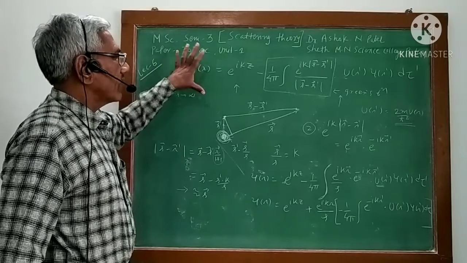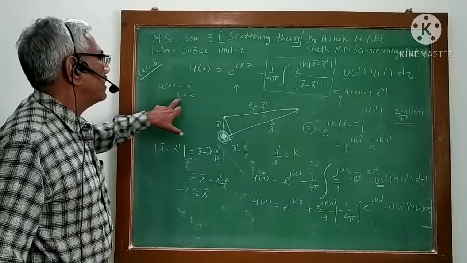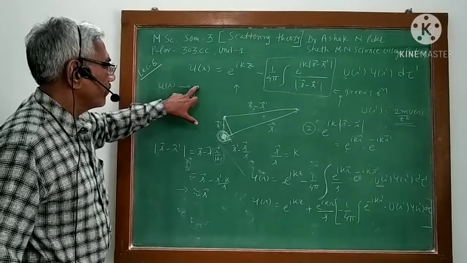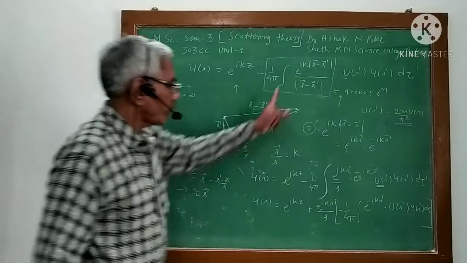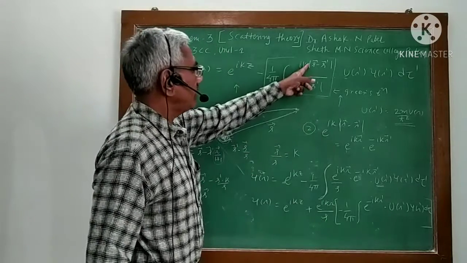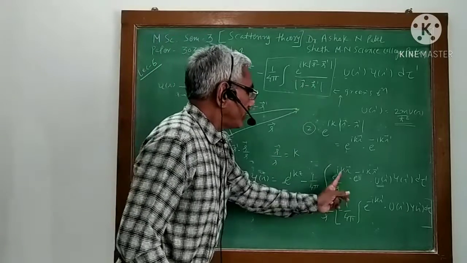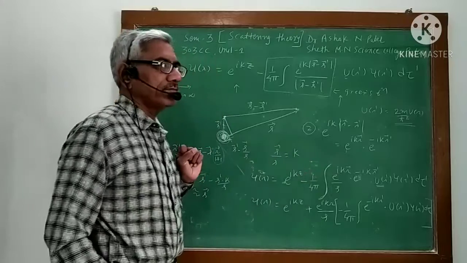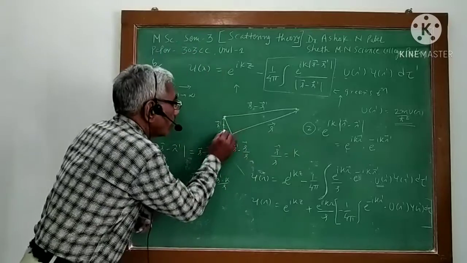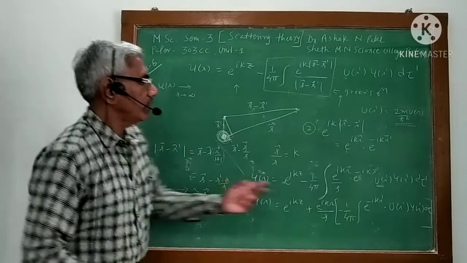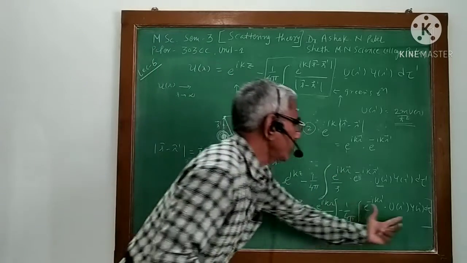In that, I argued that for the solution at the distance r tends to infinity, the approximate value of this will be equal to r, so I replace it by r only, and this part I have written this way, and this I have taken out, because this integration will contribute for the smaller distance only, not for large distance. So it is independent of this, so I can take it out from the integration, and I have written in this fashion.